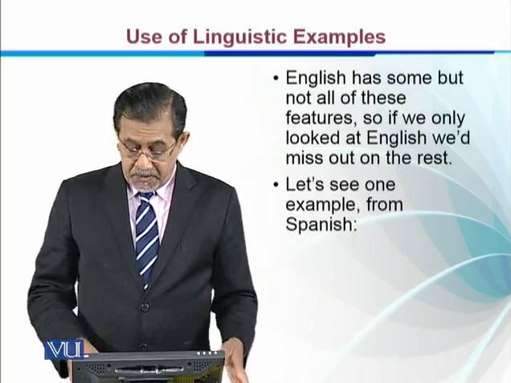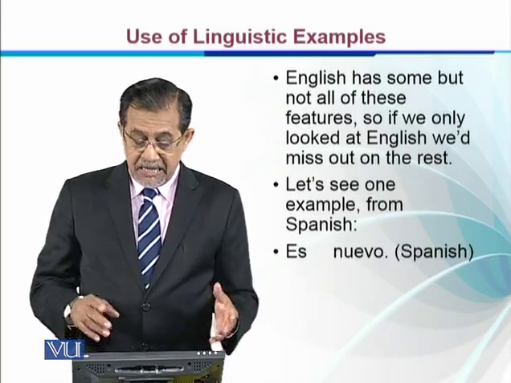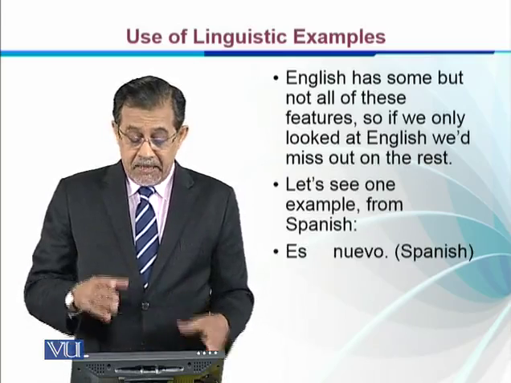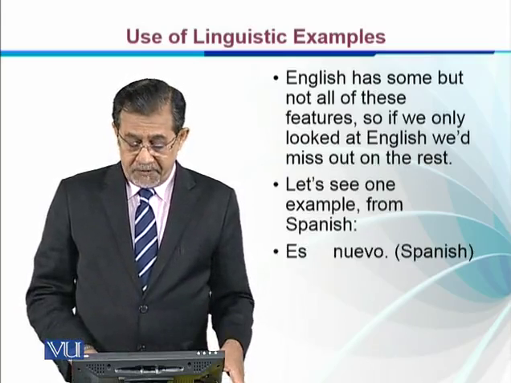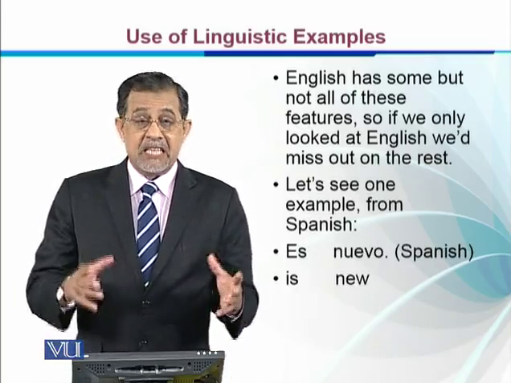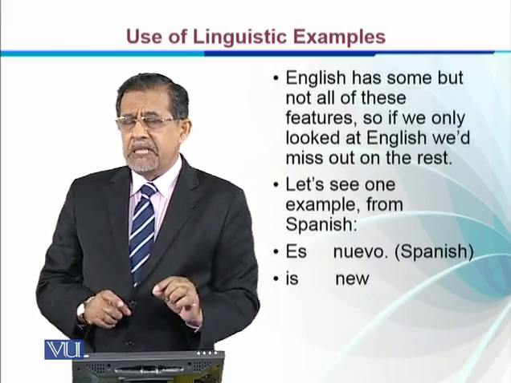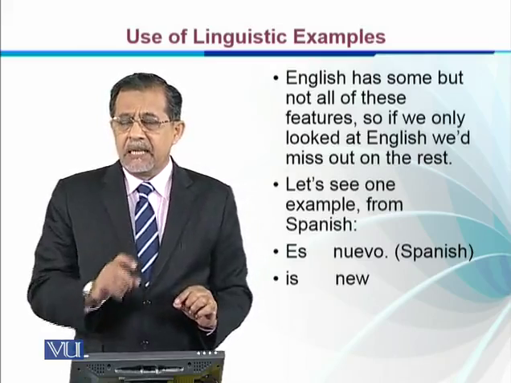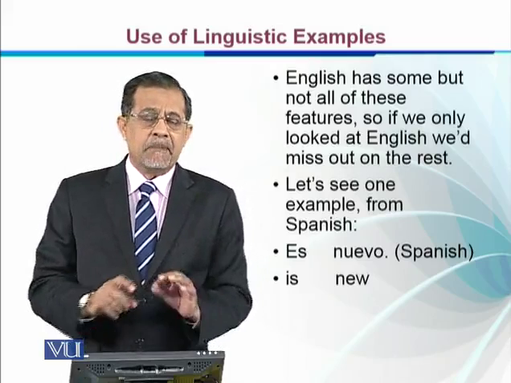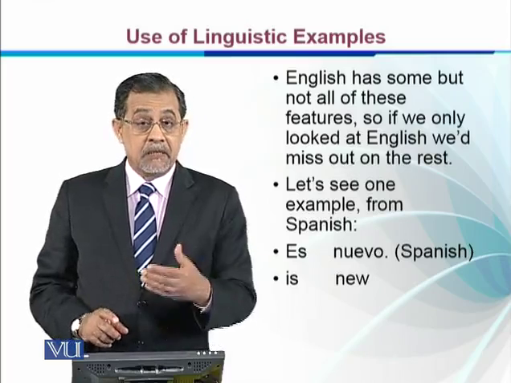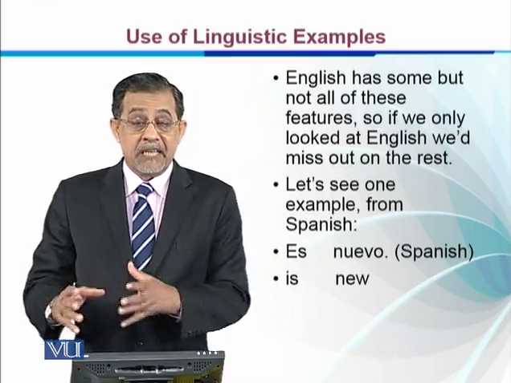Let's see one example from Spanish. Es nuevo. It's a Spanish example. If we translate it word for word, we find es is new. In the Spanish language, it's a complete sentence. But in English, we know that it's not a complete sentence. We need it to make it a sentence.